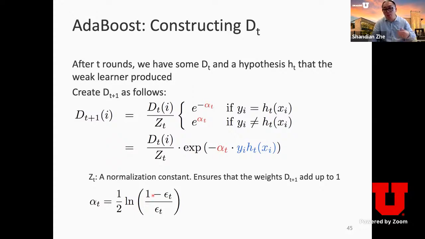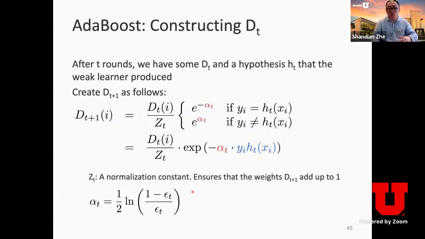Okay, so then the remaining thing is how do we compute alpha_t? Alpha_t is computed from the weighted error epsilon_t. We take the logarithm of (1 minus epsilon_t) over epsilon_t and multiply it with half, and we end up with alpha_t. Remember epsilon_t is the weighted error.